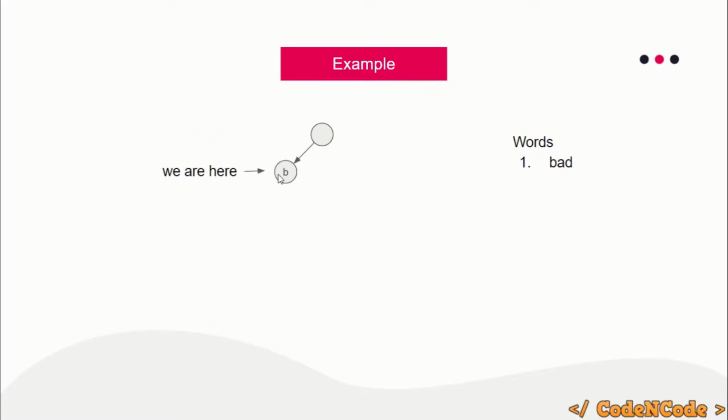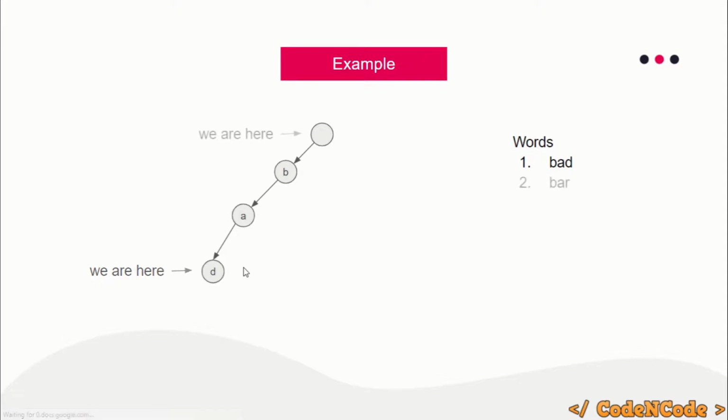We see whether a exists as the child of this current node. Of course a does not exist as the child of this node, so we create a new node for a and then move on there. Similarly, we see whether d exists in the child of a. The answer is no, so we create a new node and move on there. So bad has been inserted. This is how the insertion goes.